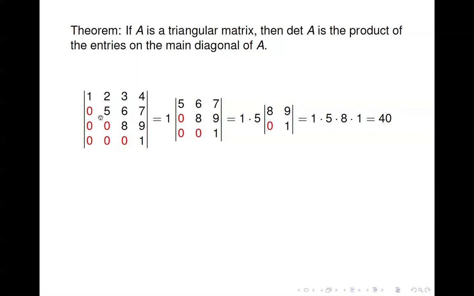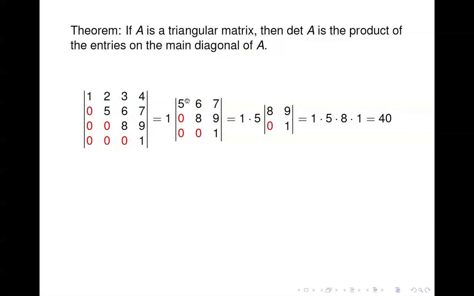And notice that all the rest of the terms would be 0. So it's 1 times this determinant, minus this 0 times another determinant, plus this 0 times another determinant, minus this 0 times another determinant. So the only term that's non-zero is the one associated with the 1. That's the only one I've written here.